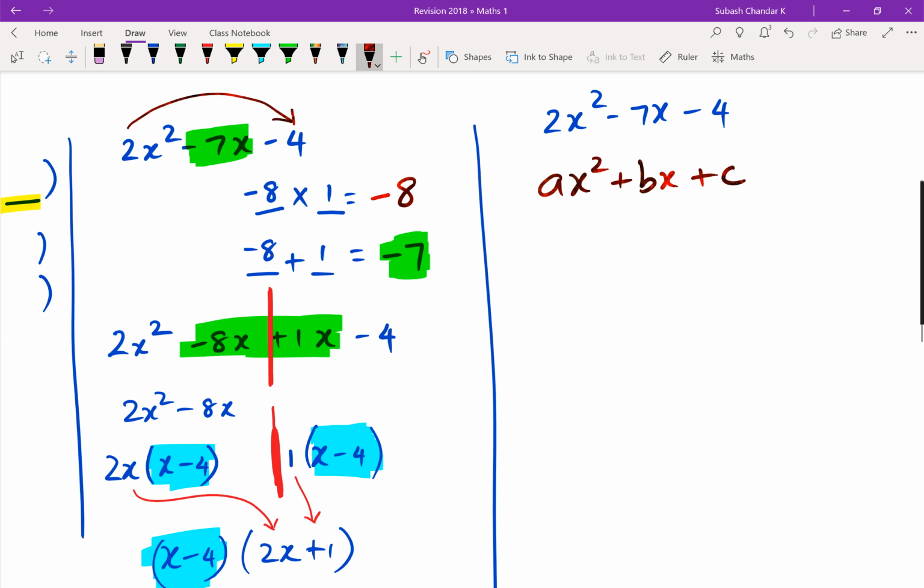You must have seen it somewhere in the past. Basically, what it means is that you match things up here. So a equals 2, b equals minus 7, c equals negative 4. Is that okay, what I've done there? I've just matched up those numbers with the letters.